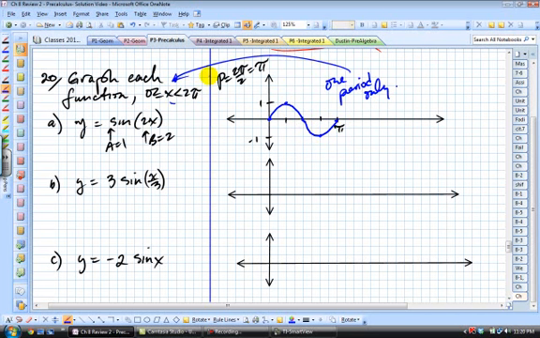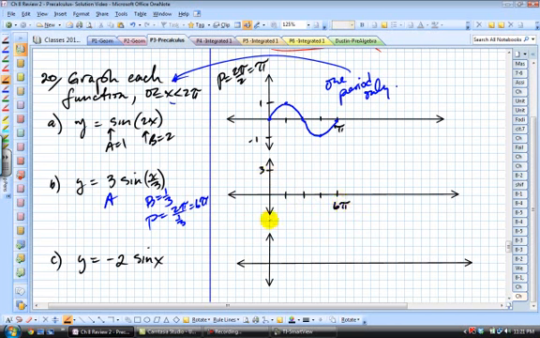Okay, the next one is 3, b equals 1/3. That means p is equal to 2 pi divided by 1/3, or 6 pi. So let's go out 6 pi. 1, 2, 3, 4. That's 6 pi now.